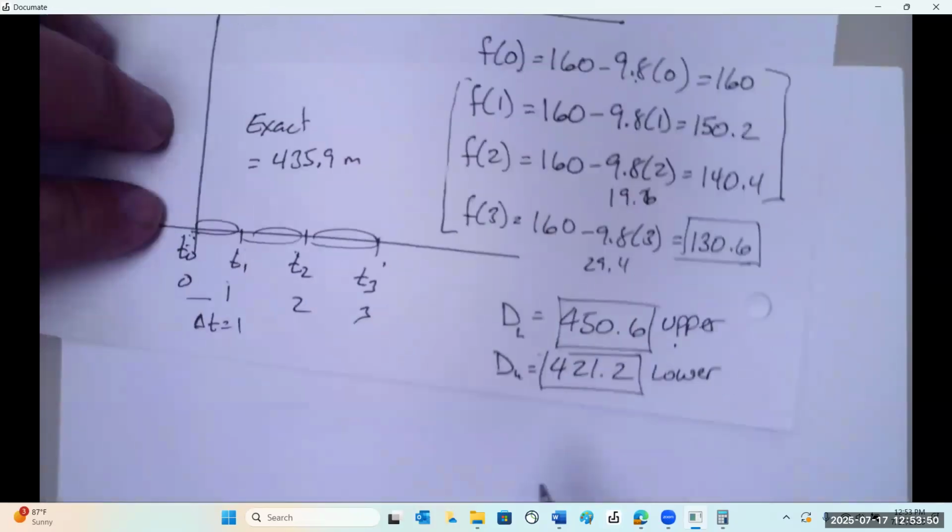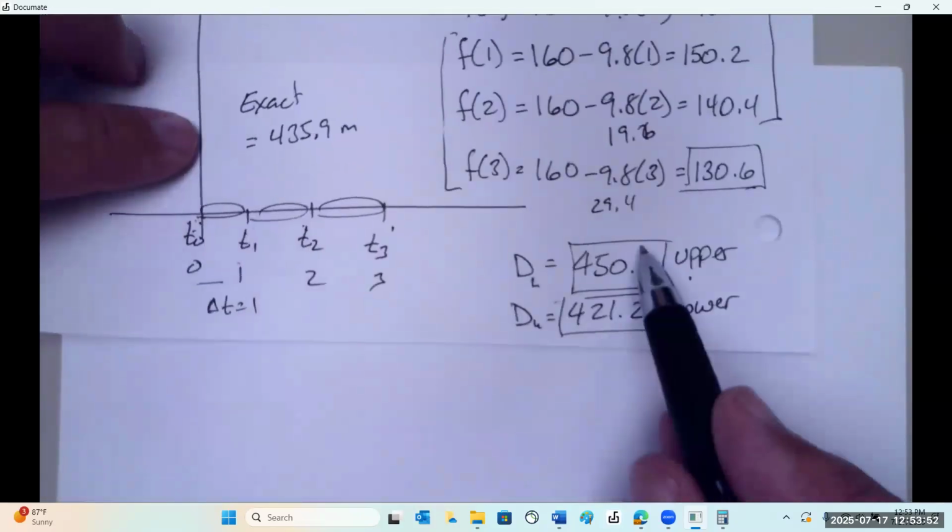Then it asks us, how close did the sum get to the exact value? So our calculated value, which one's closer?